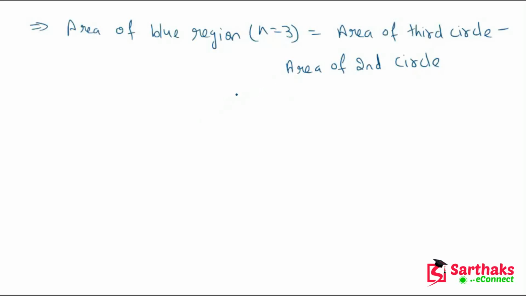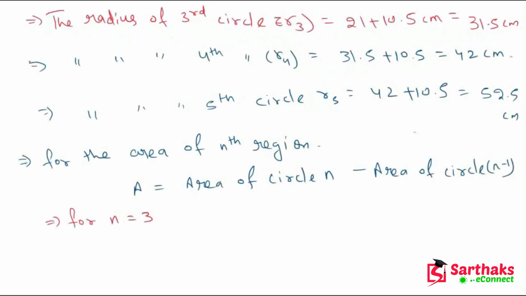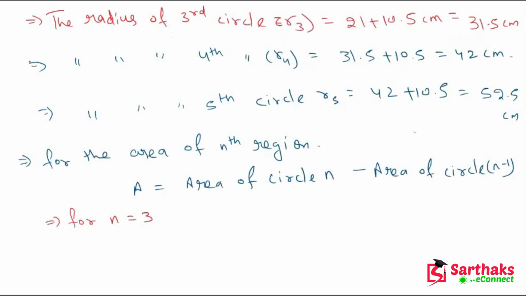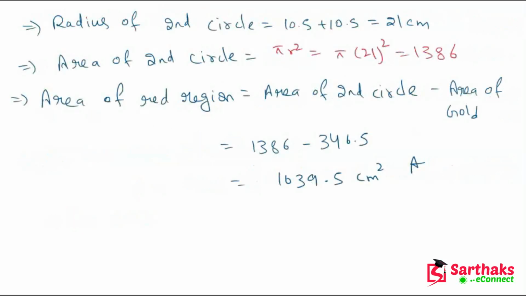This equals pi into 31.5 square, because the radius of the third circle is 31.5 centimeter, minus the area of the second circle, which is 1386.